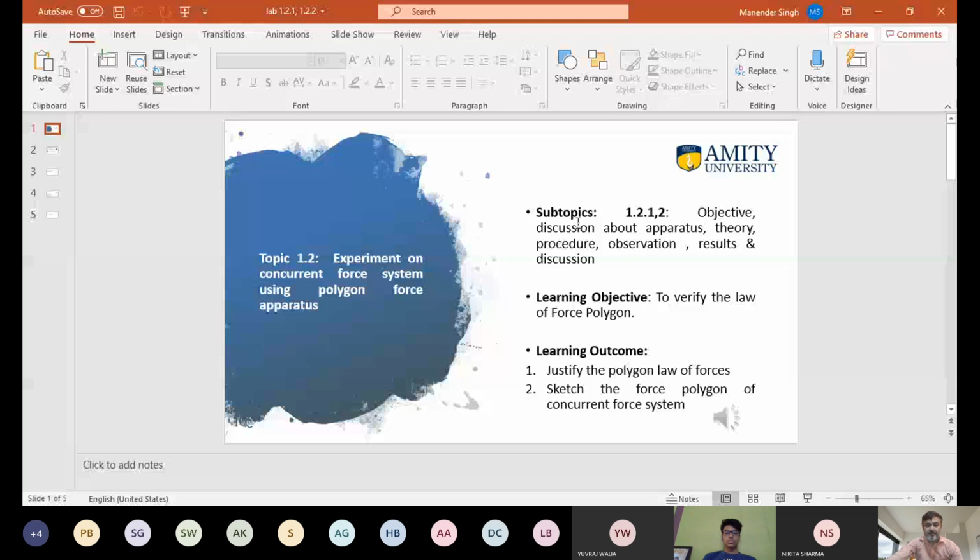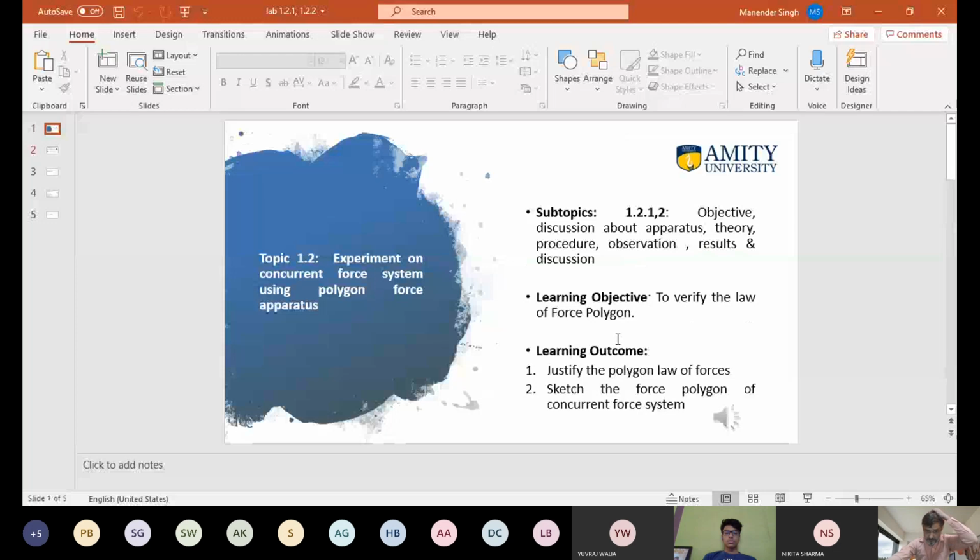The subtopics are: first we have to define the objective, discussion about the apparatus, theory and procedure, observation, results and discussion. The learning objective is to verify the law of force polygon.